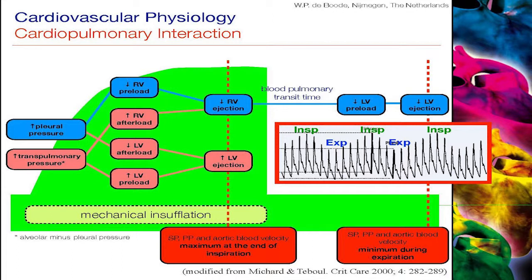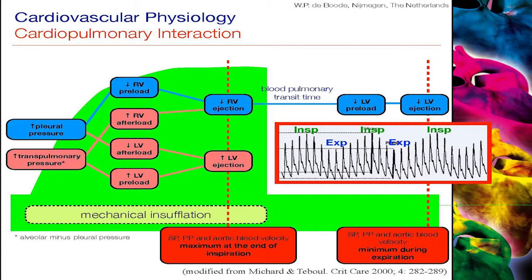On the other side, the effects on the left ventricle are quite the opposite. The increase in pleural pressure will decrease left ventricle afterload because of a decrease in pressure gradient. It increases left ventricle preload because blood is squeezed out of the pulmonary circulation, and that will result in an increased ejection of the left ventricle and an increased stroke volume.